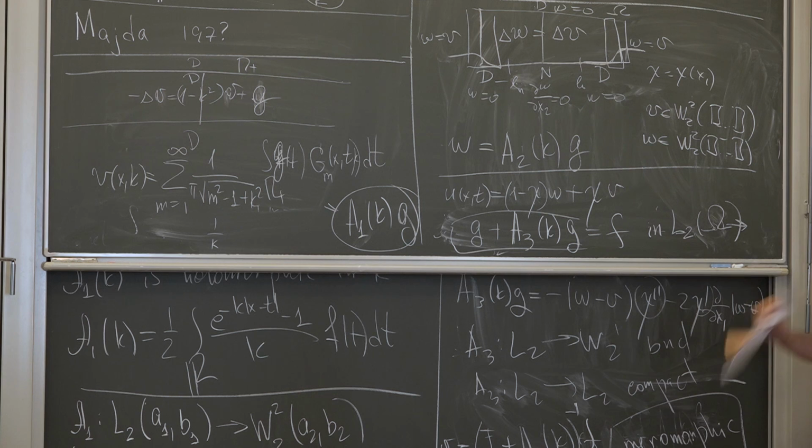Then there are maybe 3 extra pages of calculations which show that this is a simple pole.